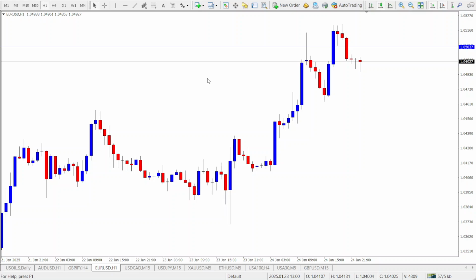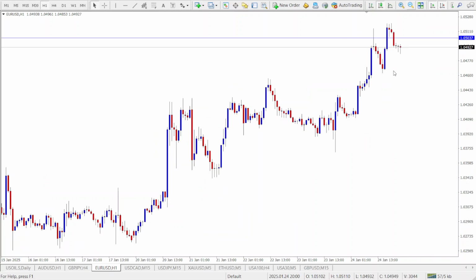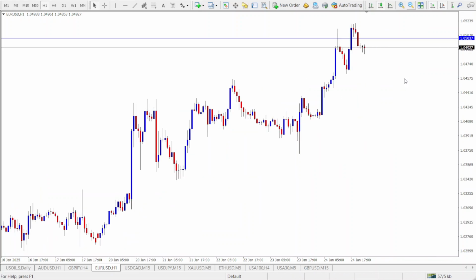So we're just going to be starting with the basics. A running flat pattern is a type of corrective wave that is often found in trending markets. So remember that based on the Elliott wave theory, we have 5 waves, right?